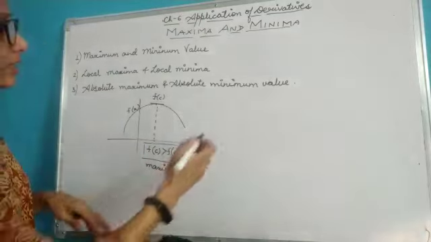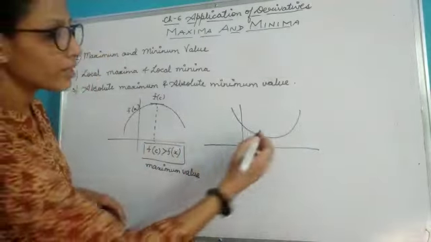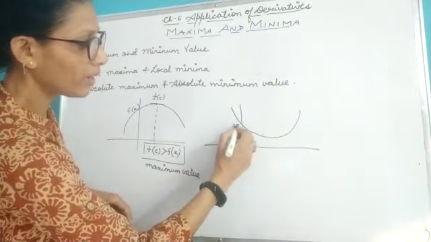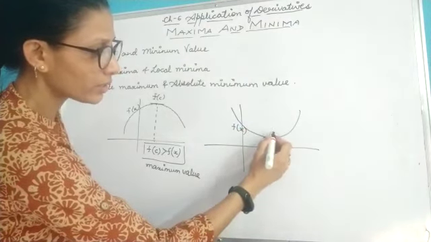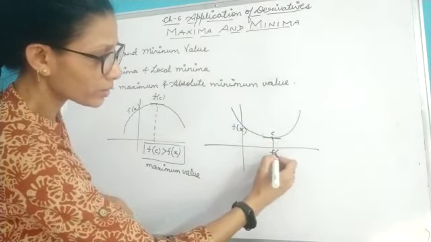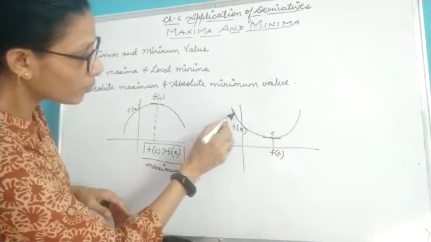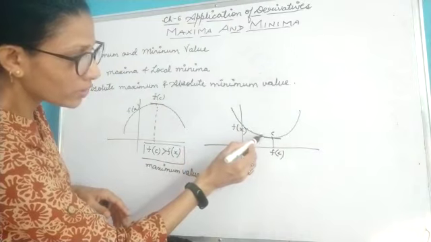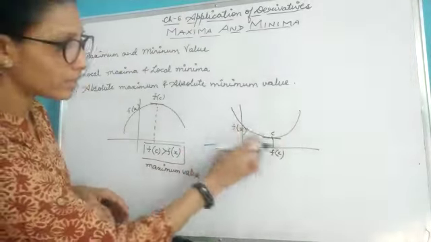Now let's see, I have a curve like this, this is a function f(x), and let's suppose this is your point C lying on the curve. These are the points lying on the curve and this is the minimum value attained by the curve.